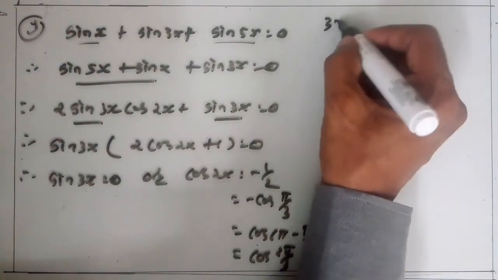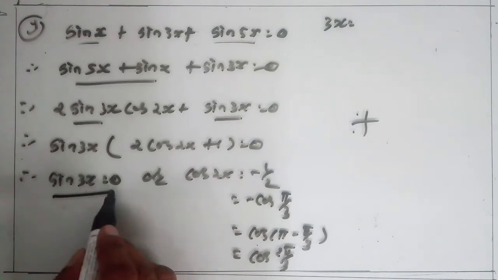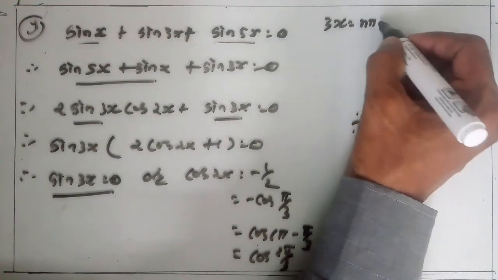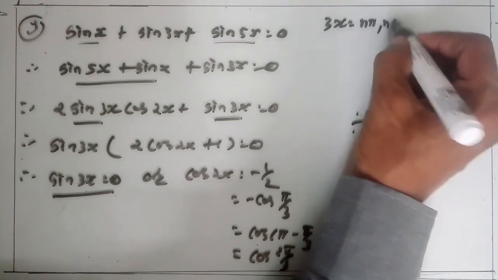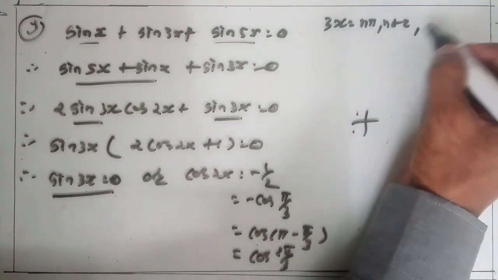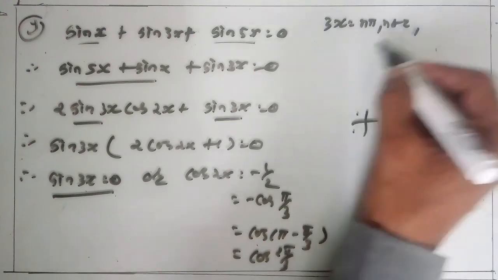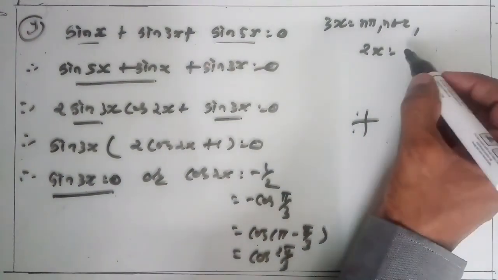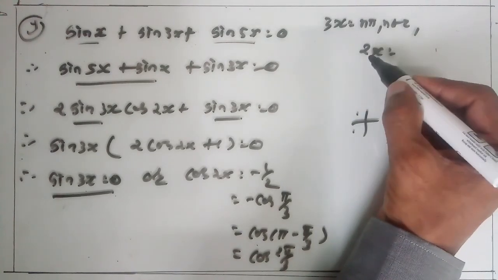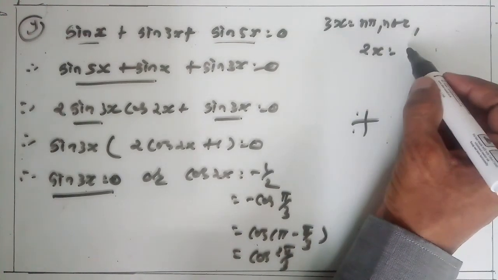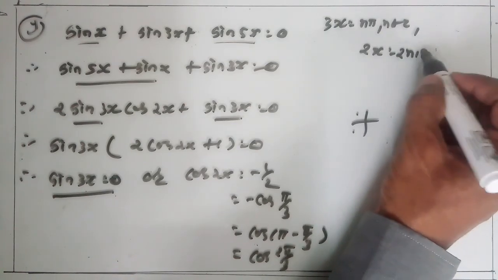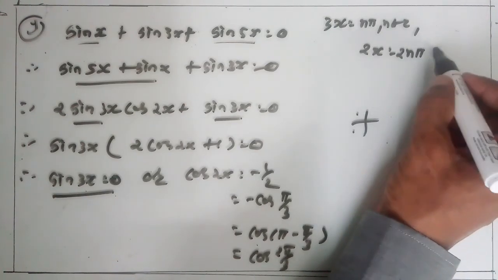Therefore 3x is equal to, here zeros of sine, n pi, n belongs to z, and for the second, for cos 2x is equal to, we know that x is equal to 2n pi plus or minus y.